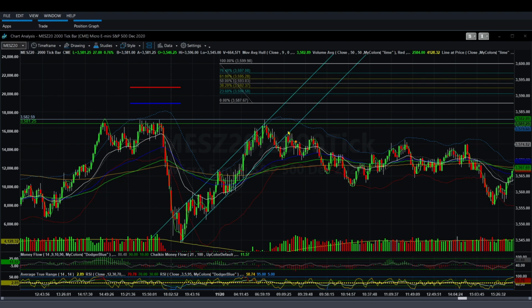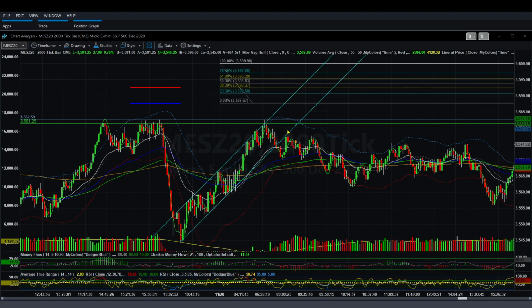And the other thing here, it is touching the trend channel here, which acted as a resistance level at this point here.